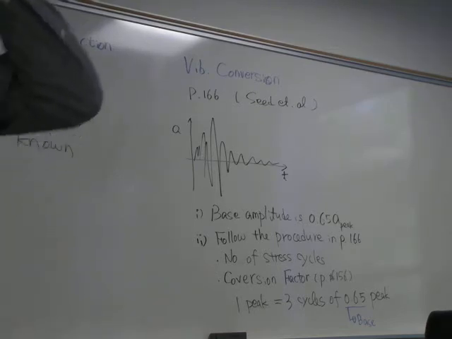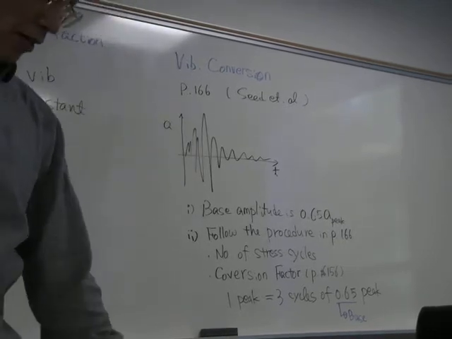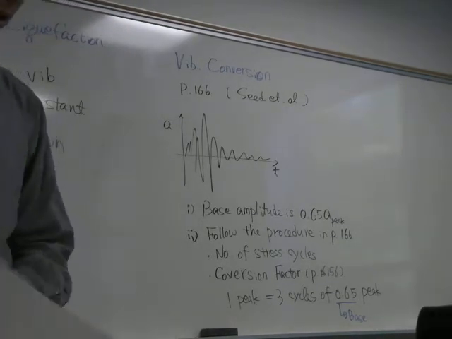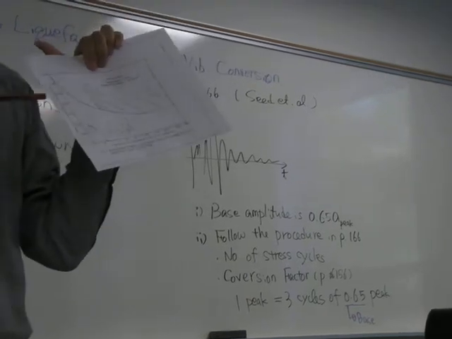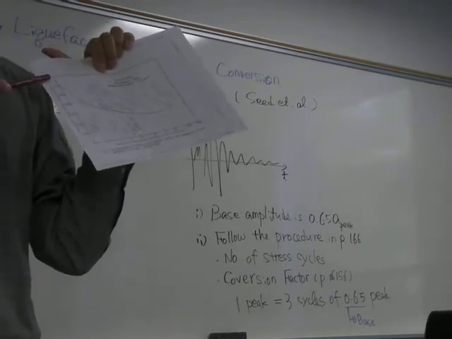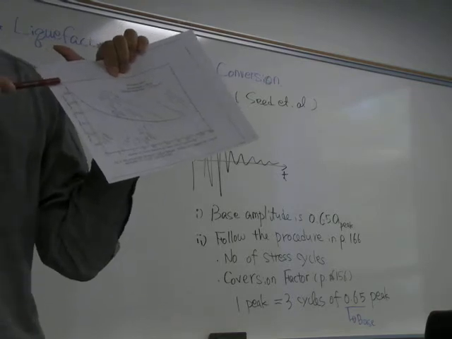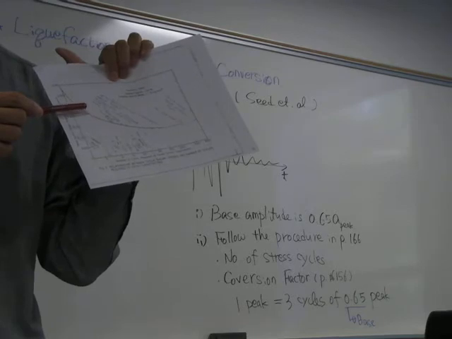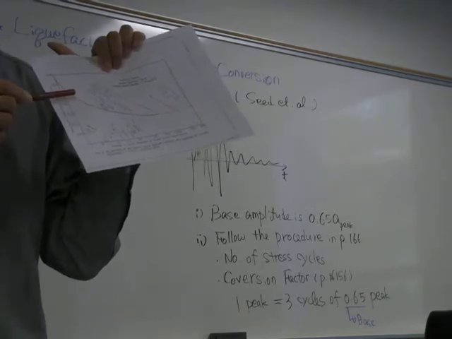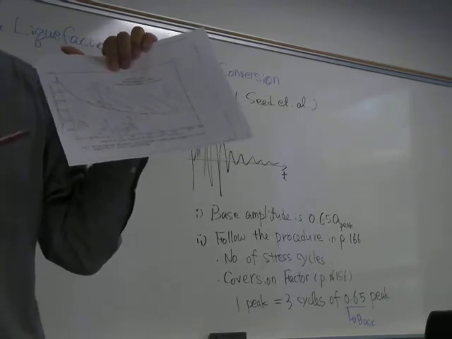Okay, then let me continue my lecture. Again, this figure 156 shows that 1 cycle of peak acceleration should be equivalent to 3 cycles of 0.65 peak acceleration. We buy that idea.